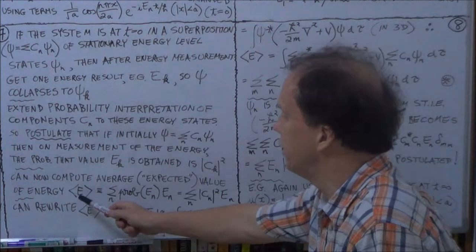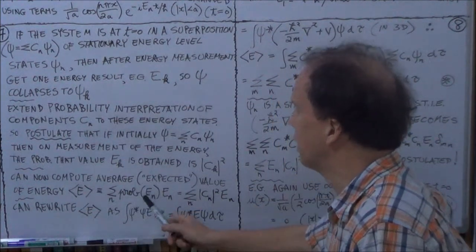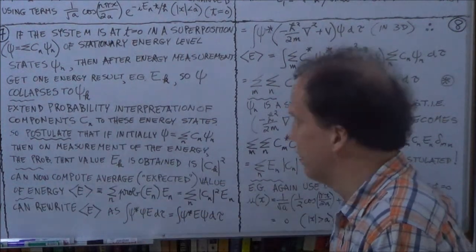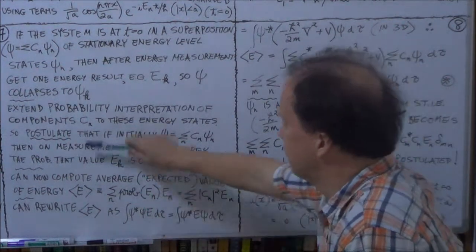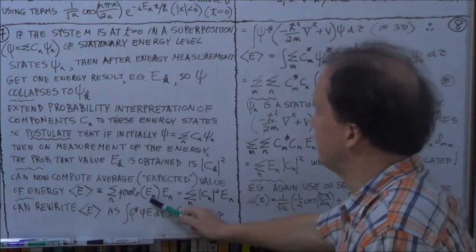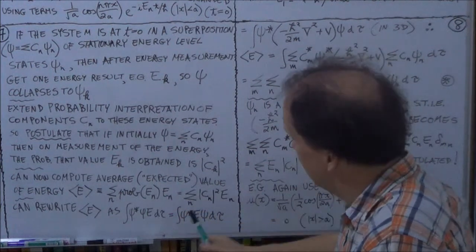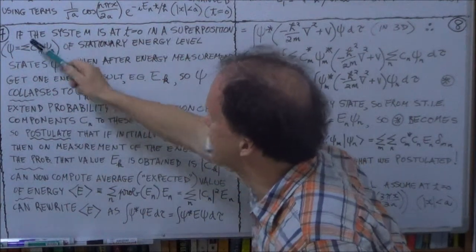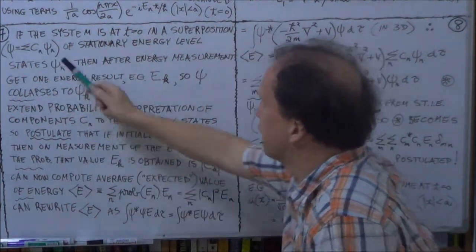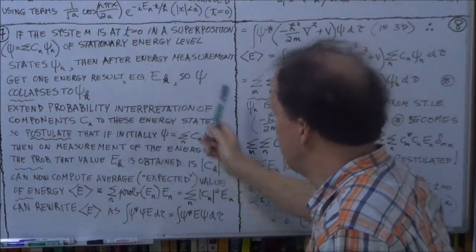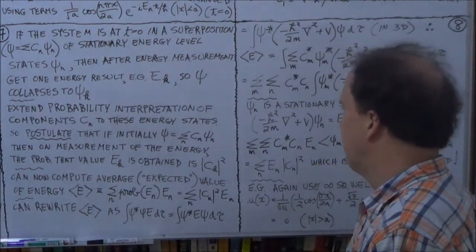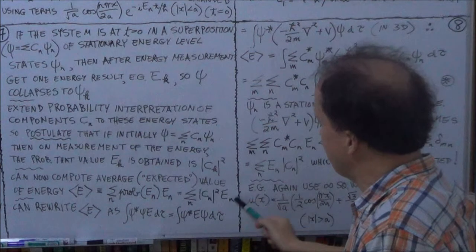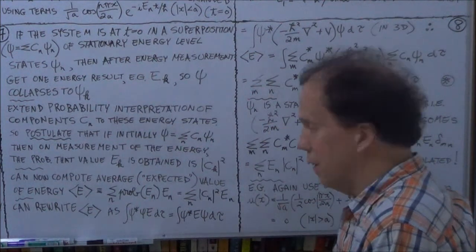The average of some value is the probability of getting that value times the value itself, summed over all possible values. In this case, our postulate is that the probability of observing energy E_n is C_n squared, where C_n is one of these. If you're talking about the kth energy, this would be C_k. So the average energy would be this. That's what we'd expect.